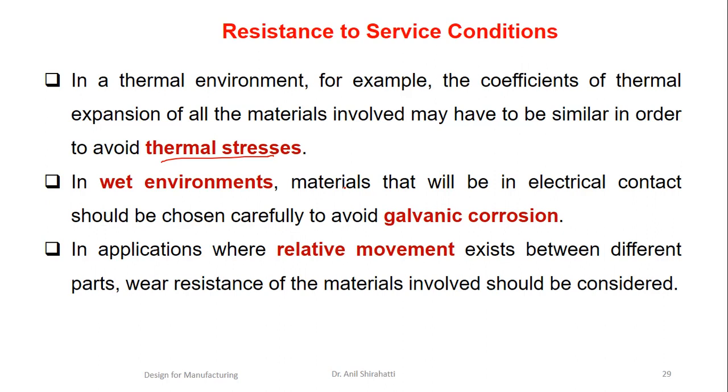In applications where relative movement exists between different parts, the wear resistance of the materials involved should be considered. For example, if I am using a material which can easily wear out, we have to see that all the components should have the same or better wear property compared to whatever wear is happening in the complete component.